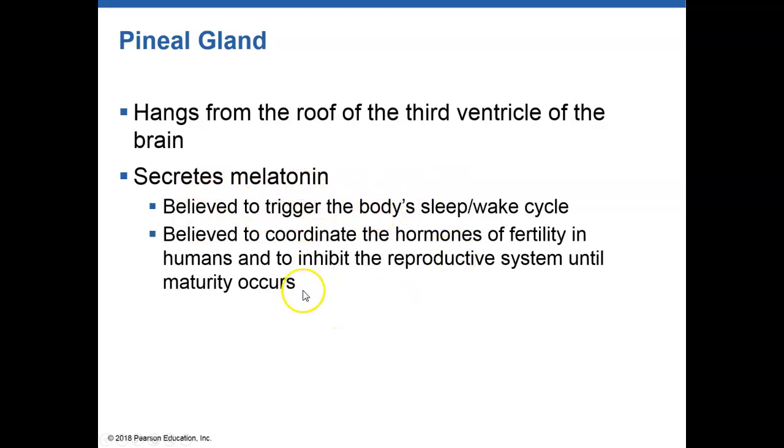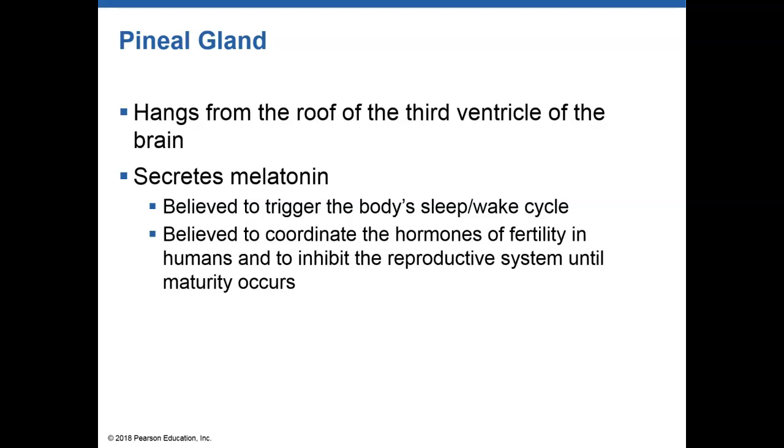Melatonin is also known to increase in production in the wintertime because it's darker out. And when you have an increased production of melatonin, this can actually lead to a disorder known as seasonal affective disorder, or SAD, and that can lead to seasonal depression.